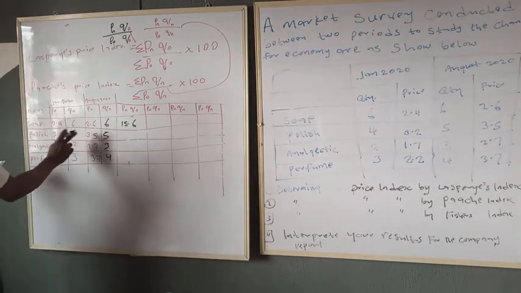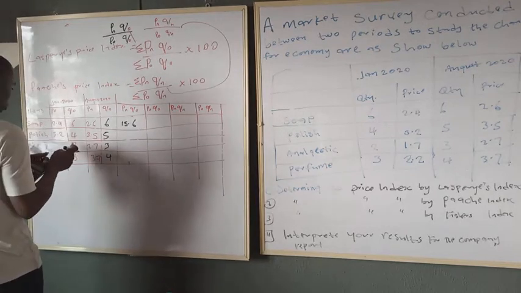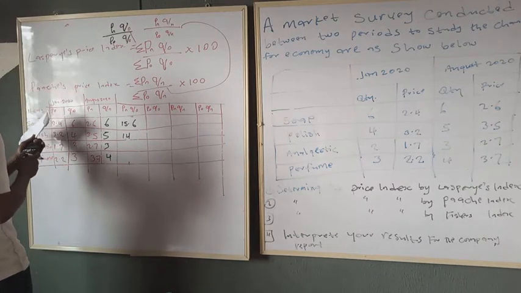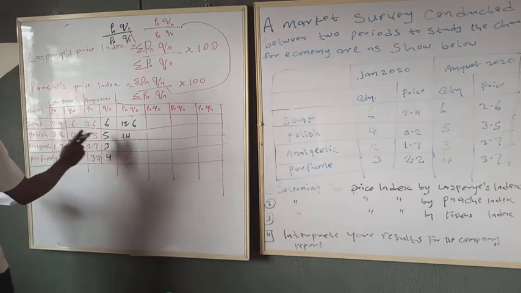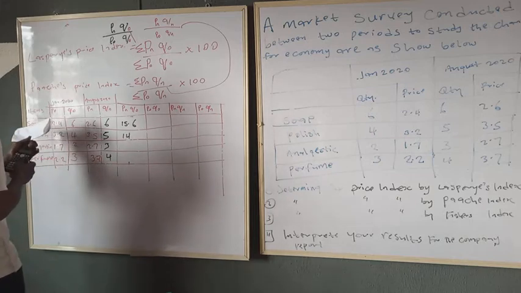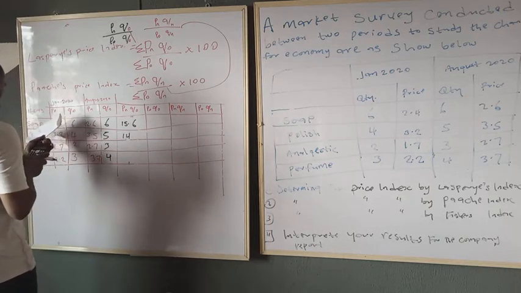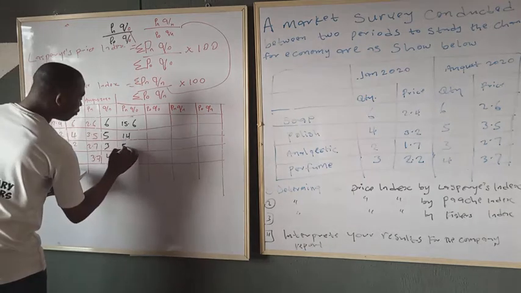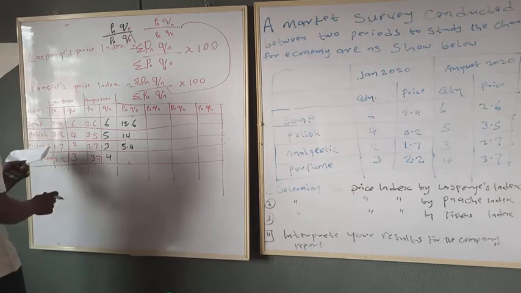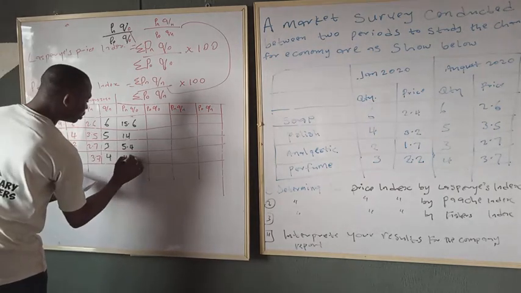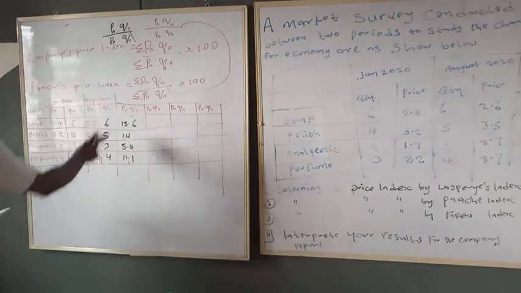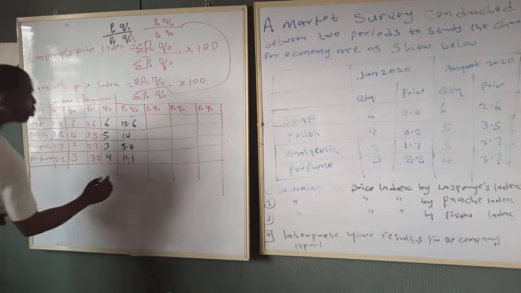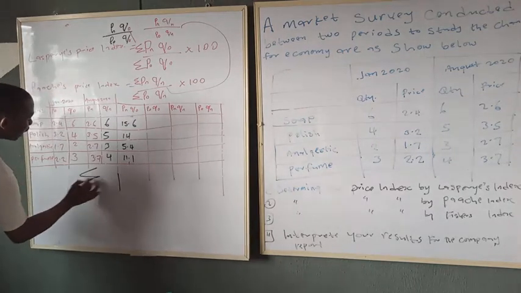Then 3.5 times 4 will give us 14. Then 2.7 times 2 gives us 5.4. Then 3.7 times 3 will give us 11.1. So that is how we've gotten our PN QO.